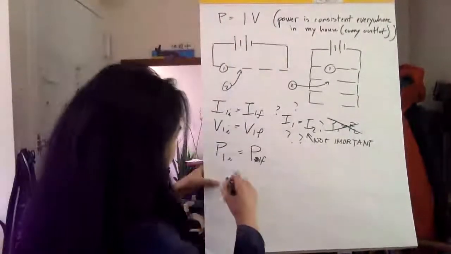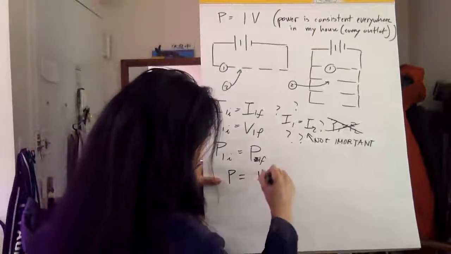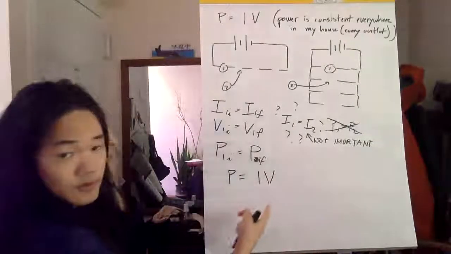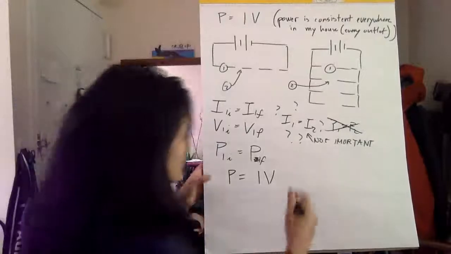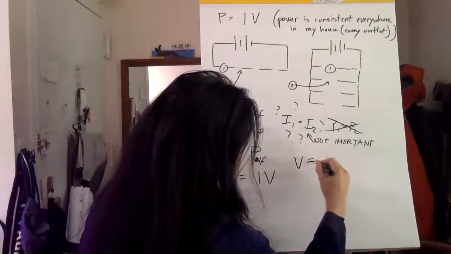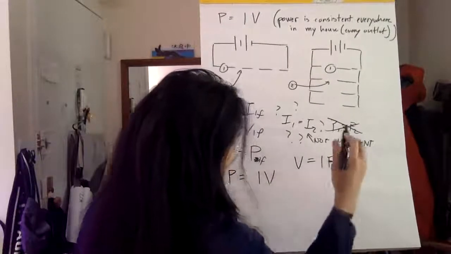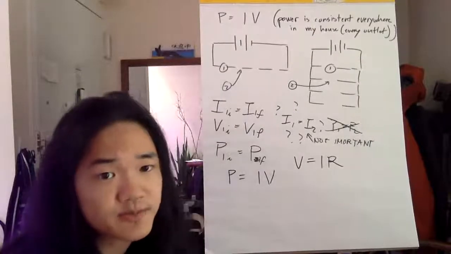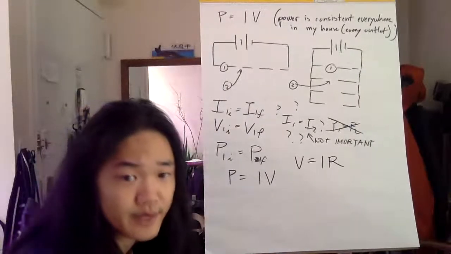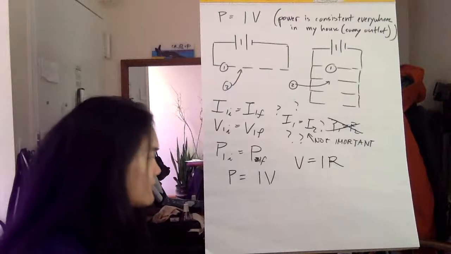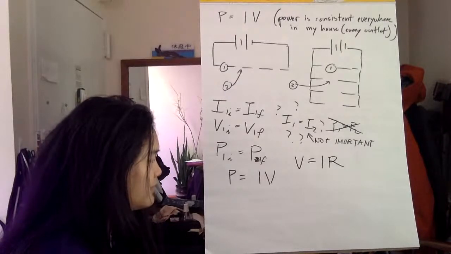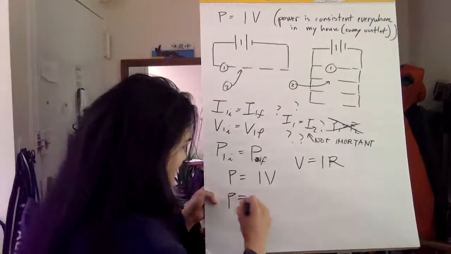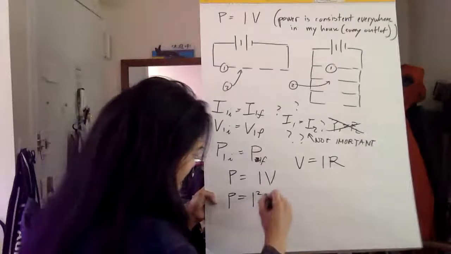If I have power equals current times voltage drop, well, I also know the voltage drop is equal to my current times my resistance. So I want to express my power in terms of internal qualities. So what do you think I'm going to do? P equals I squared times R.